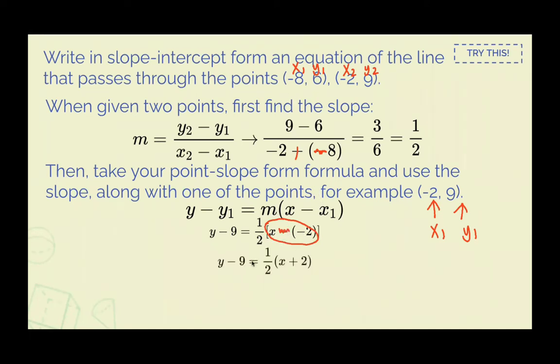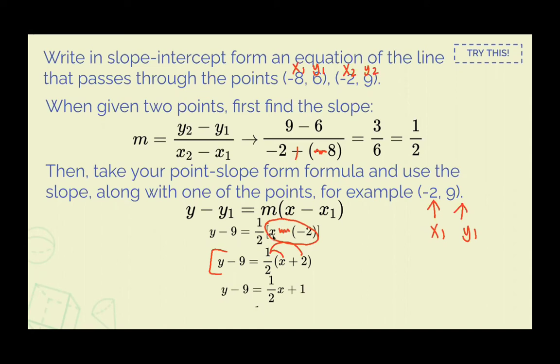So now you have the standard point slope form equation, you can now turn this into slope-intercept form. So distribute 1/2 to x plus 2. You're left with y minus 9 equals 1/2 x plus 1.